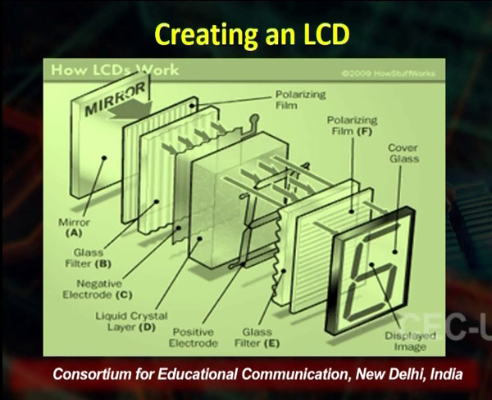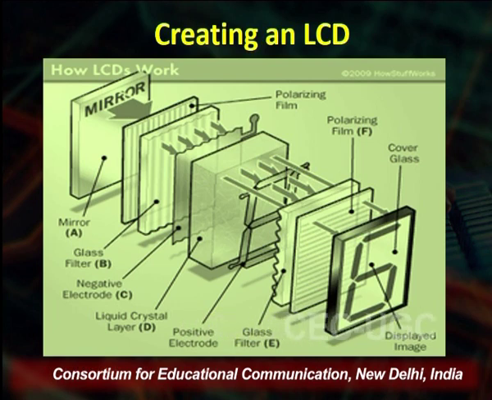Apart from that, we have two electrodes, one negative and the other positive, and in between these glass plate electrodes we have the liquid crystal layer, represented by D. Now you come to the front, the cover glass of the LCD, and you can see the displayed image on the screen. So in an LCD we have the mirror and glass filters.